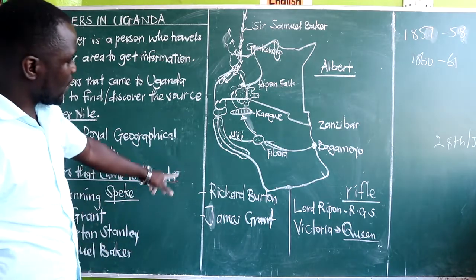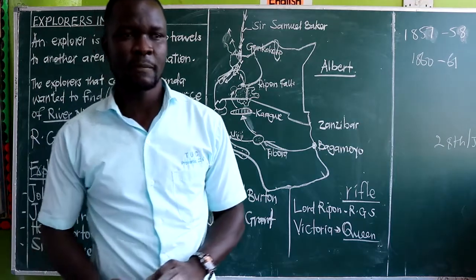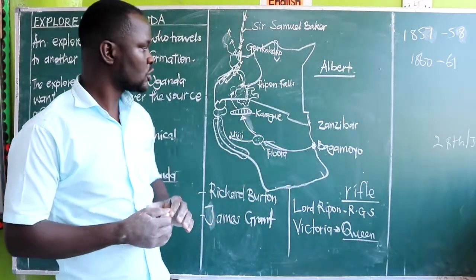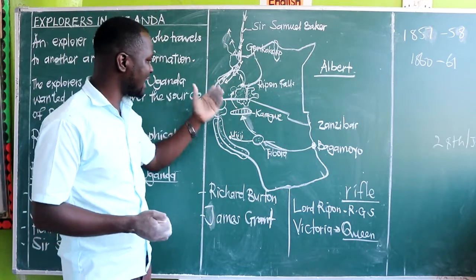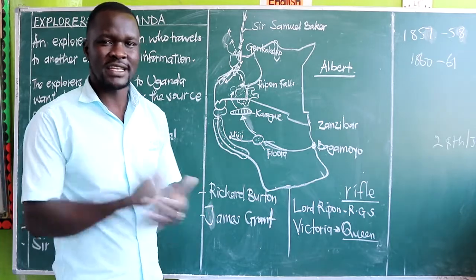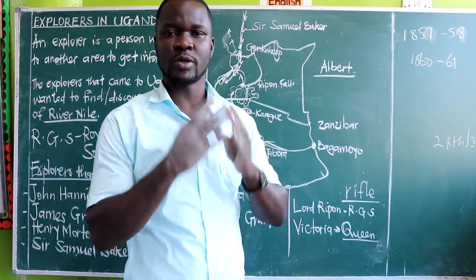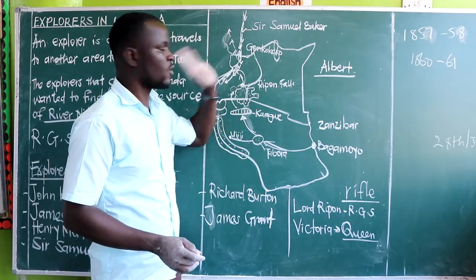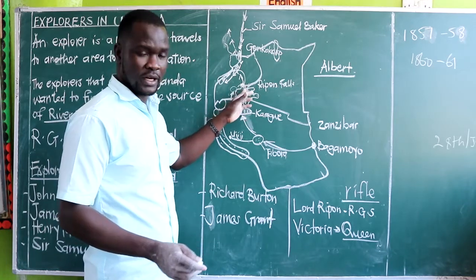Now, when Speke reached, after presenting the report, there was need for the other people who sent him to prove. Therefore, we are going to have another explorer who was sent to Uganda, purposely to find out, to prove whether the findings of John Speke were true. John Speke said the source is in Lake Victoria.